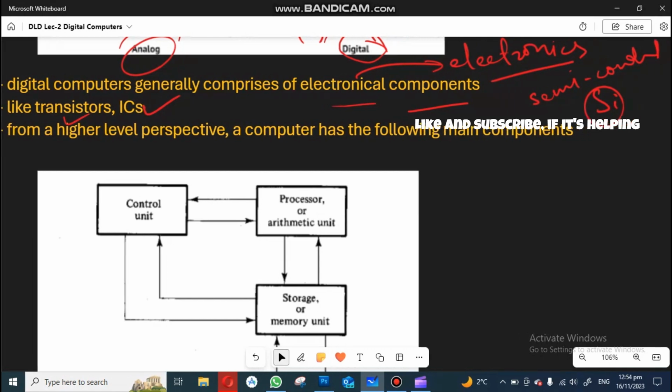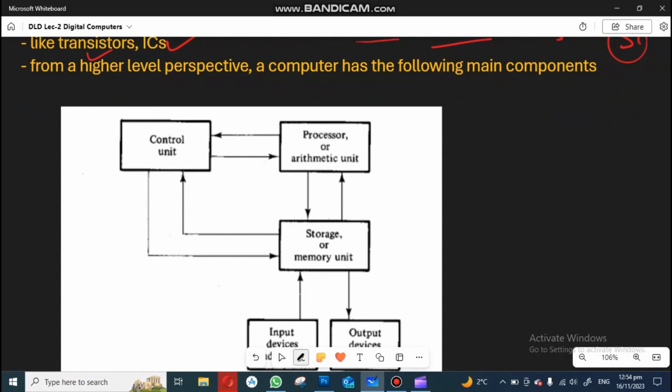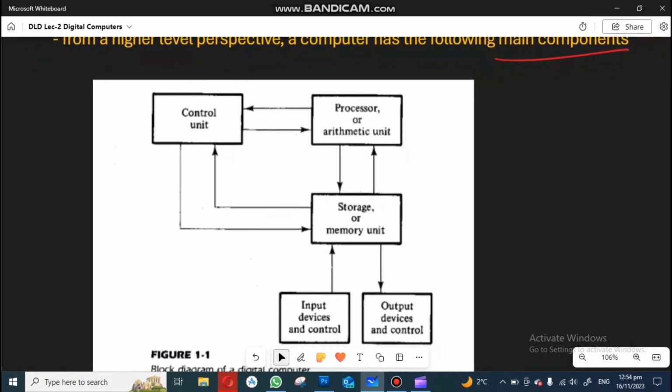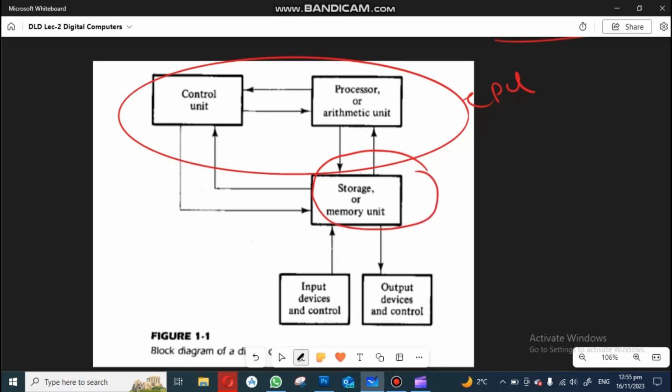Now what does the high-level user think about a computer? From the high-level perspective, we can divide the computer into the following components. We have a control unit here. Normally this area is considered our CPU. Then these are the memory units that we have.